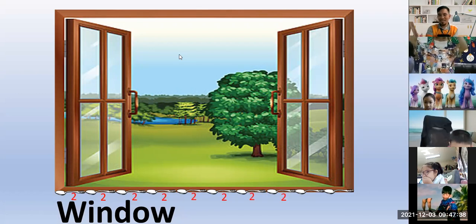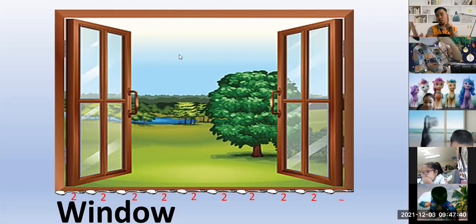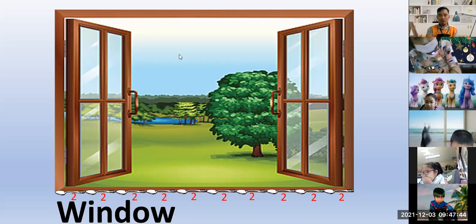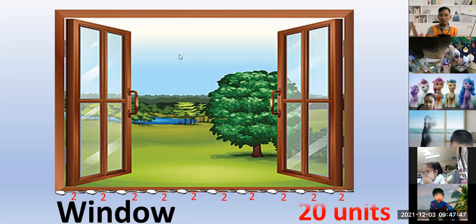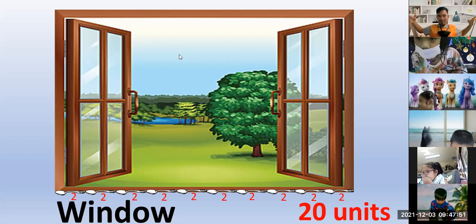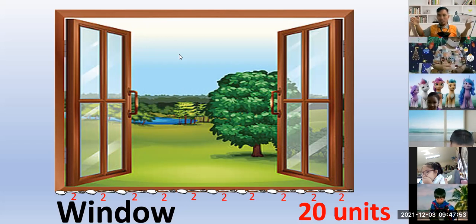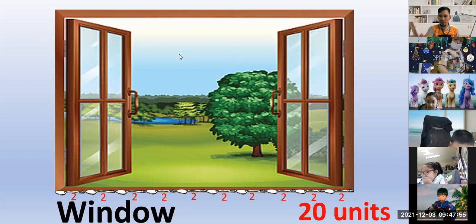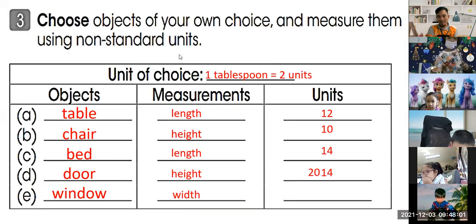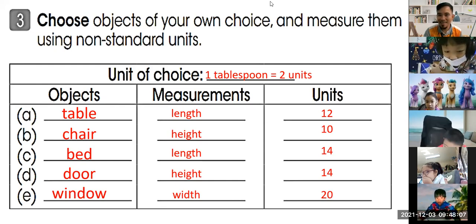I will just count plus 2 because 1 tablespoon is equal to 2 units. So how many units altogether? The width of my window is 20 units. So I write here 20 units.